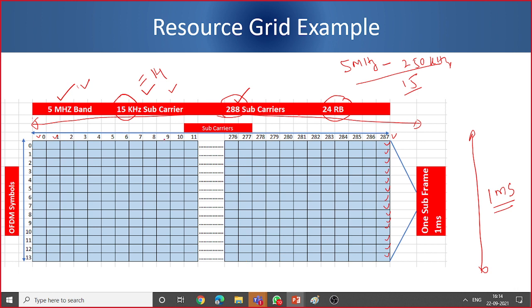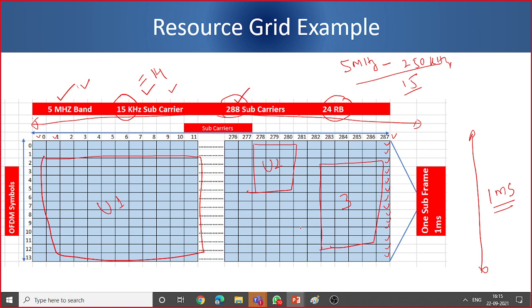So this resource grid itself is allocated to the users, right? Suppose a user has a heavy download, then a large number of symbols and a large number of subcarriers can be allocated to user 1. Maybe some other user will not require much data, so user 2 is allocated this, user 3 may be allocated this.